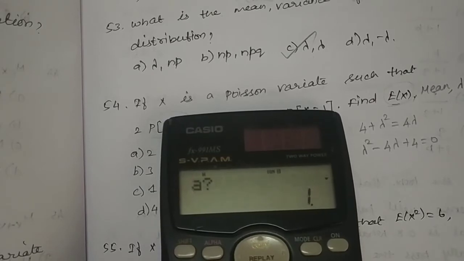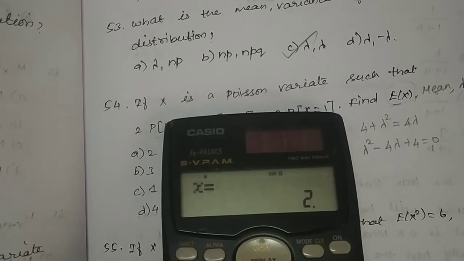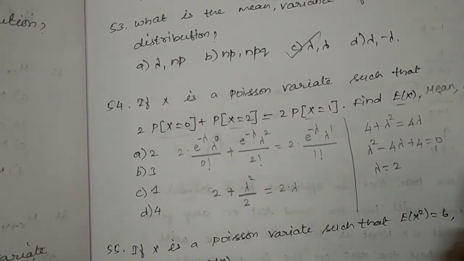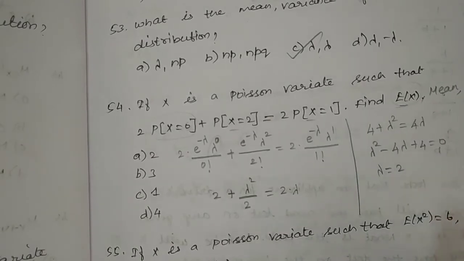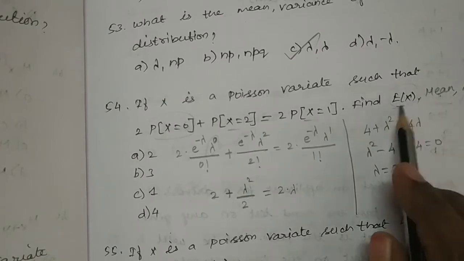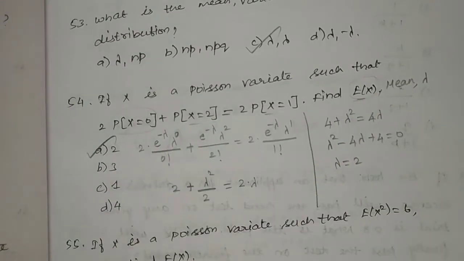The answer is x equal to 2. We get only one value, so lambda equals 2 twice. So simply 2 is the answer. Lambda equals 2. Lambda, mean and expectation of x are all the same, so the answer here is 2.